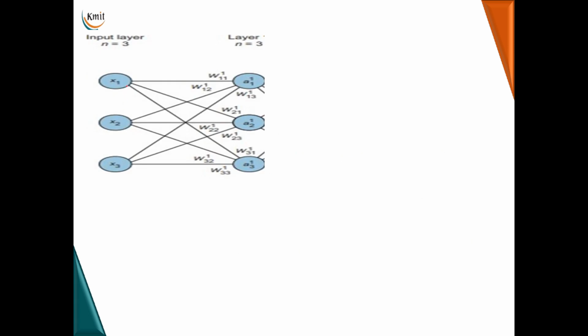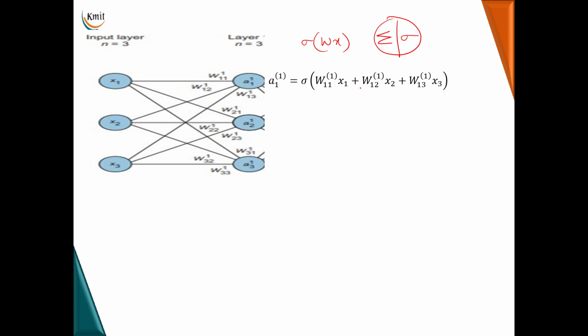So I have x1 given as input to A11 with weight W11, x2 with W12 and x3 with weight W13. So my output at A11 will be sigma of the weighted sum Wx, applying the activation function, what we have done in the perceptron. Find the weighted sum and then apply the activation function on the final output.